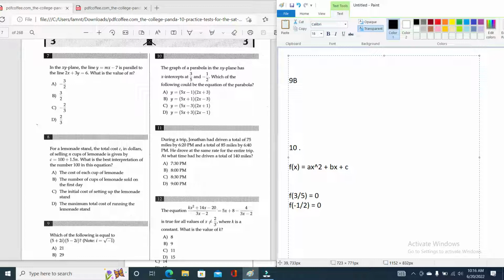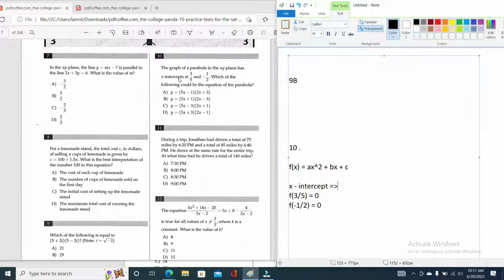Because these are x-intercepts, these two values are going to be equal to 0, because when the graph intersects the Ox axis, its value is going to be 0, right?